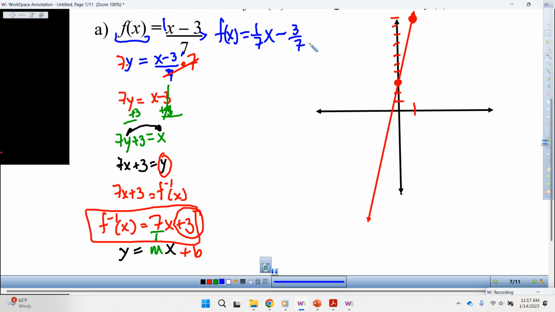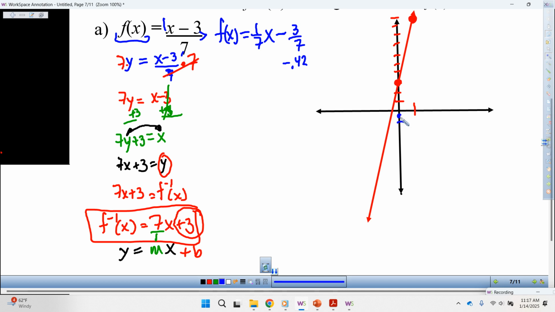All right, so let's guesstimate what 3 over 7 is in decimal form. What is that, Jesus? 3 over 7. .42. So this is approximately negative 0.42, or about half. Is that correct? Okay. So negative half. So here's 1.